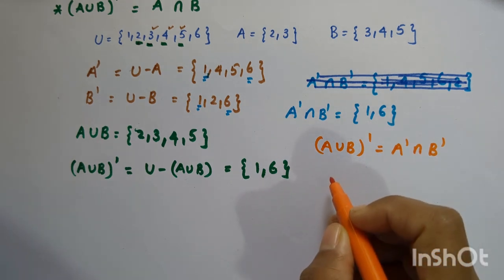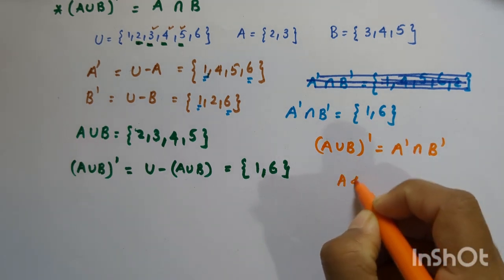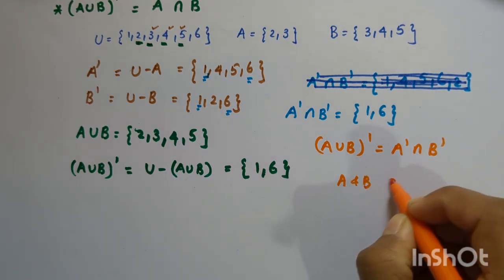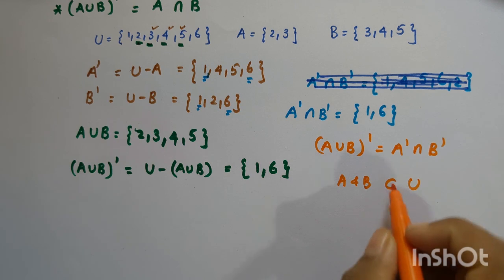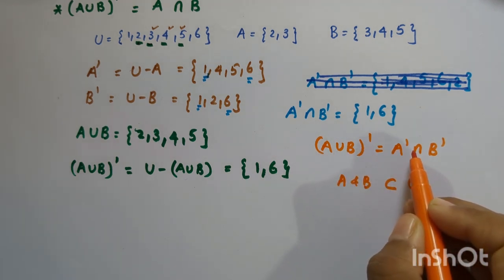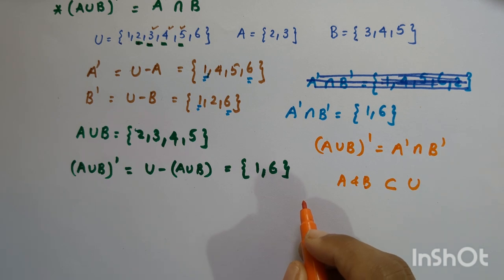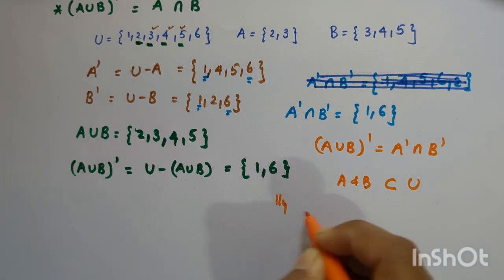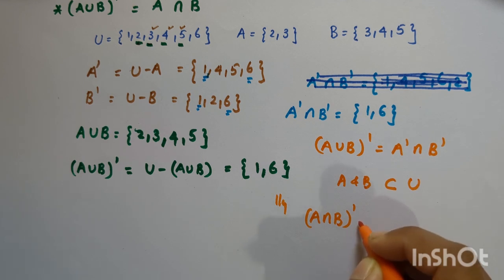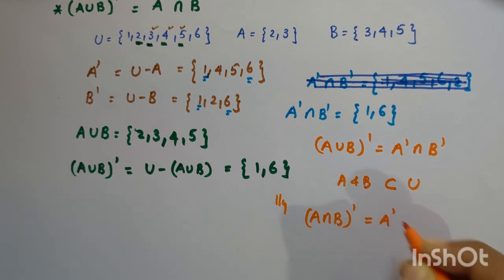So if A and B are any two subsets of universal set U, then A union B all complement will be equal to A complement intersection B complement. Similarly, if you find out A intersection B all complement, that will be equal to A complement union B complement.